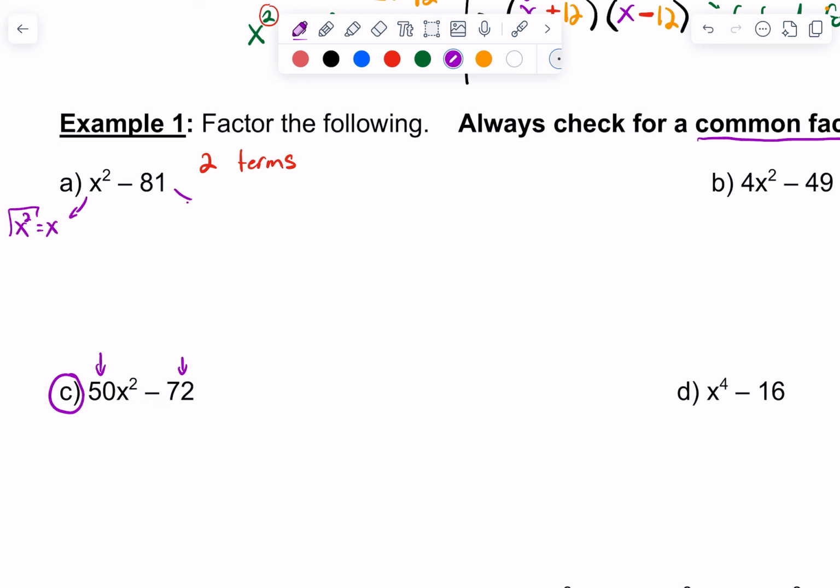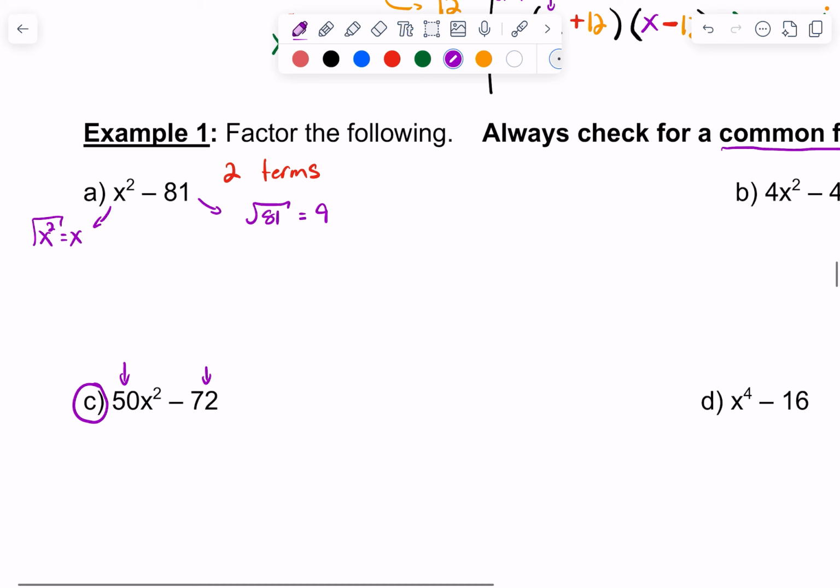Well, is 81 a square? Also yes, because the square root of 81 is 9. So we know this is a difference of squares. So let's apply our formula. So we're going to get 2 brackets. And inside the brackets, there's going to be a positive and a negative. They're going to alternate signs. And then what goes in the first numbers?